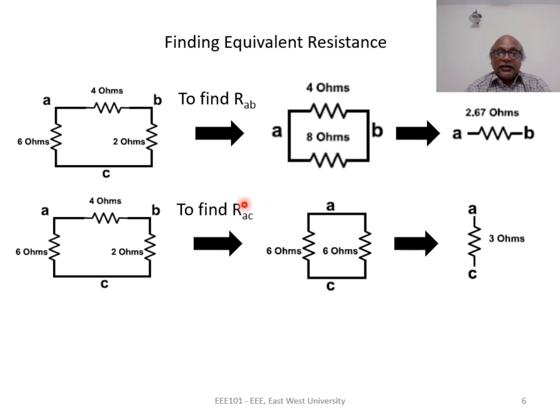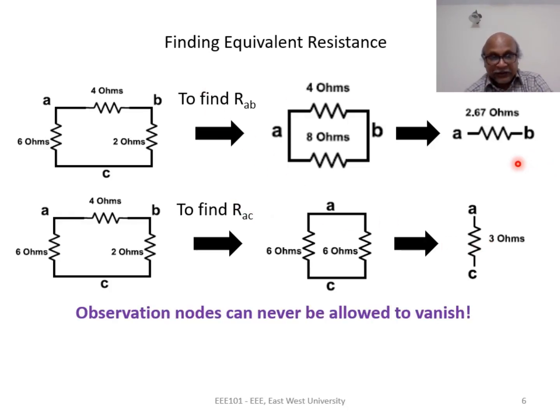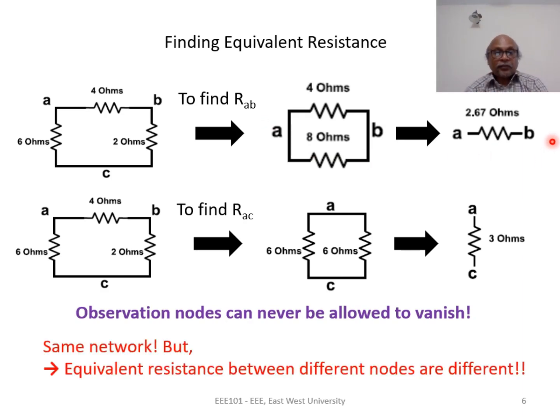So RAC is 3 ohms, RAB is 2.67 ohms. So the main lesson that we get from these two analyses is that we cannot do any simplification of the circuit which results in the disappearance of one or both observation nodes. Observation nodes can never be allowed to vanish.